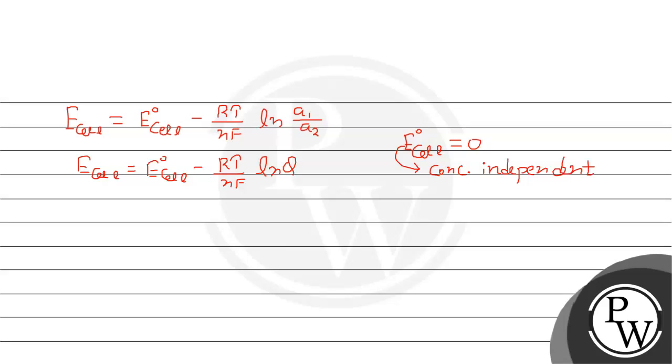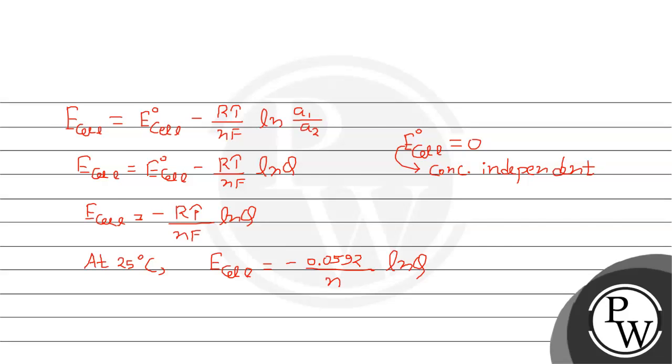If E0 cell is 0, then E cell comes out to be minus RT by nF ln Q. So at 25 degrees centigrade, R, T, F are all constant values. So putting their values, we'll get E cell as minus 0.0592 by n ln Q.